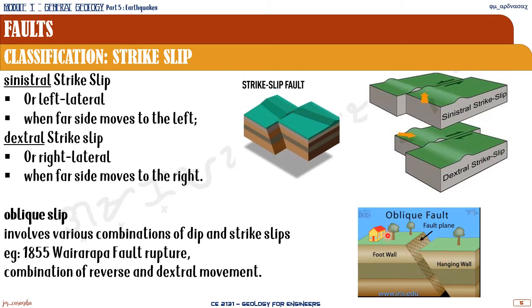So as you can see, as if you have seen it or watched it, this plate, the hanging wall, has moved downwards, and at the same time, it moved towards the left side of the foot wall. Okay, so it's a combination of your strike slip and dip slip.